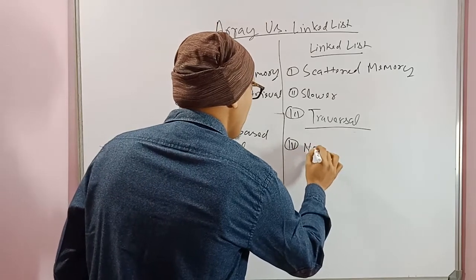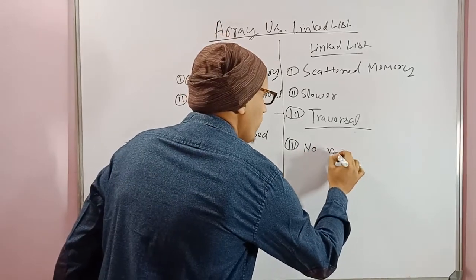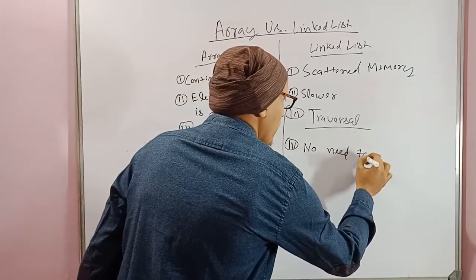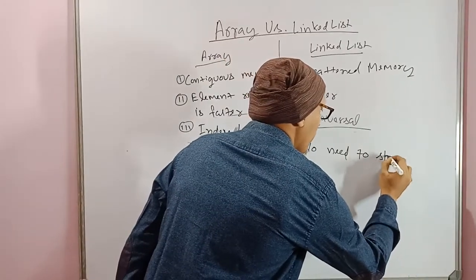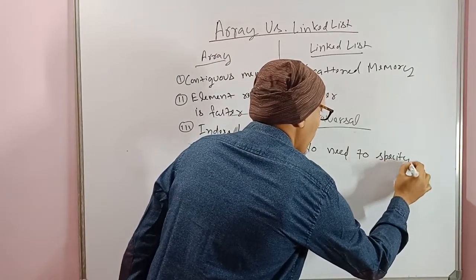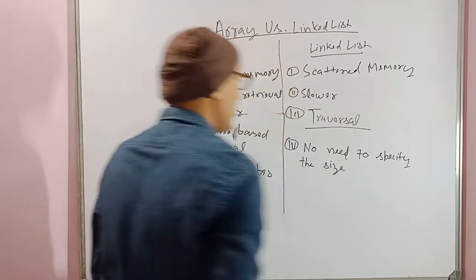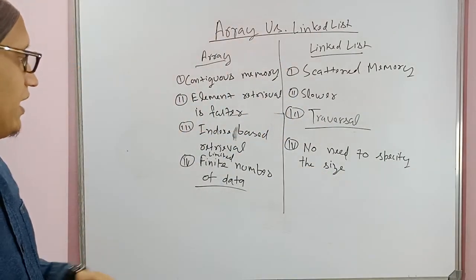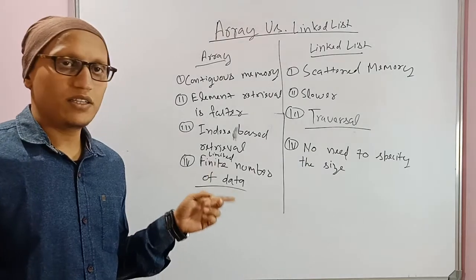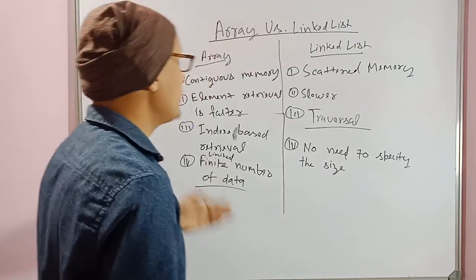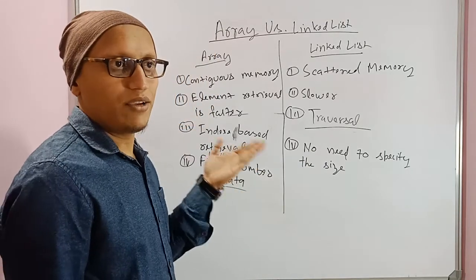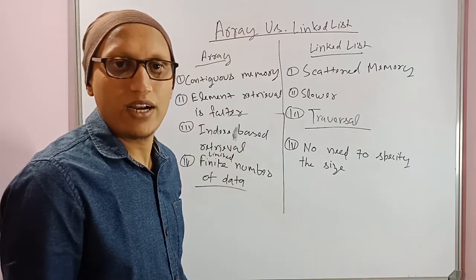Here, no need to specify the size. That means in an array you need to specify the size at the time of initialization, because to use the array, you need to tell how many elements I'm going to store in that array.